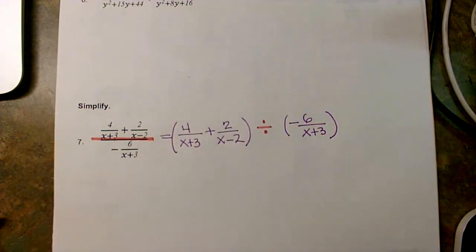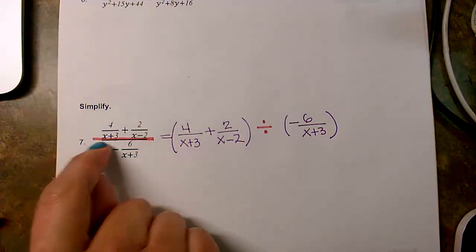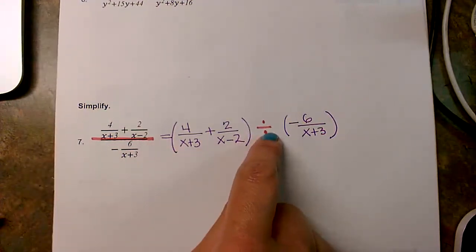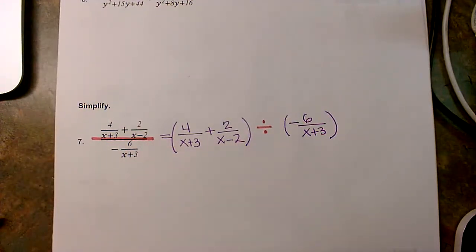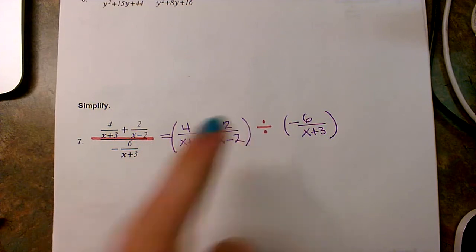That's how. I just rewrite it. That's all I did here. This long line is equal to this division. Let's say regular division.